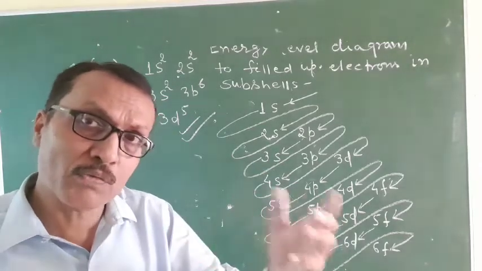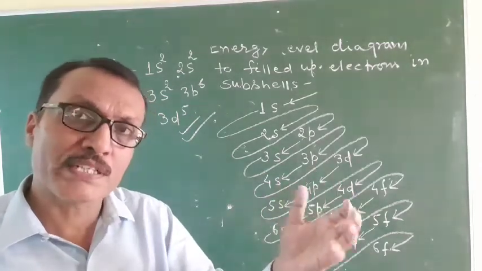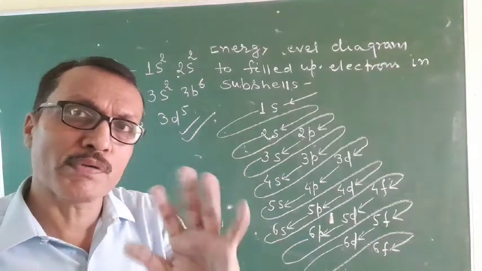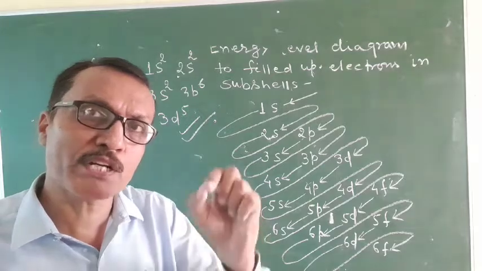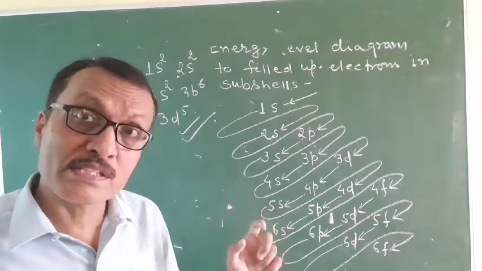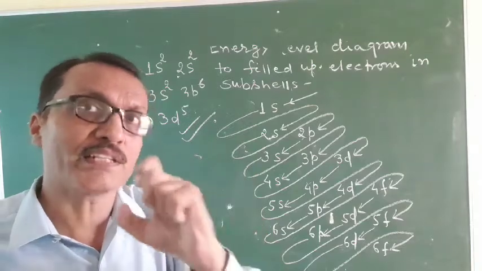If by transfer 1 electron the next becomes stable and the previous becomes unstable, that transfer will not take place.